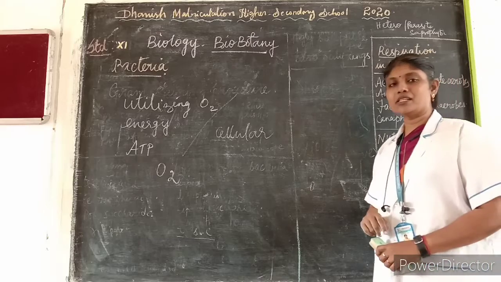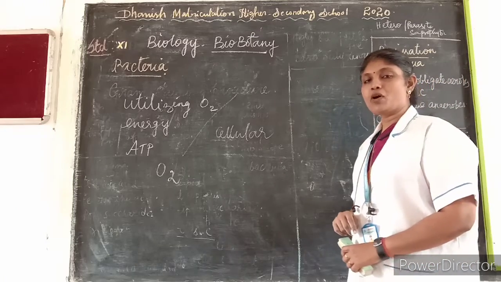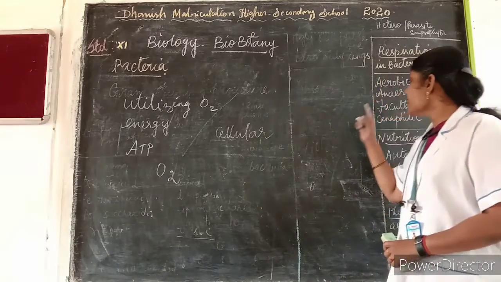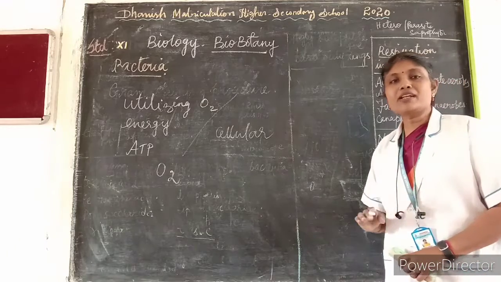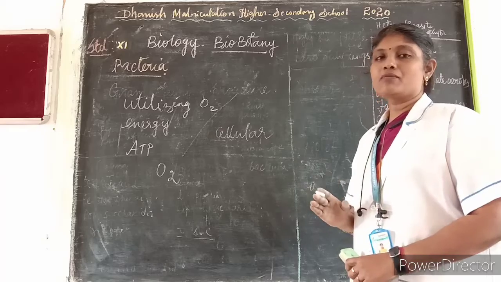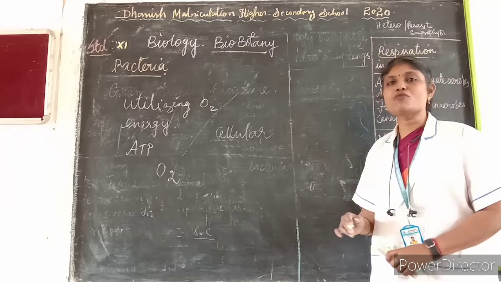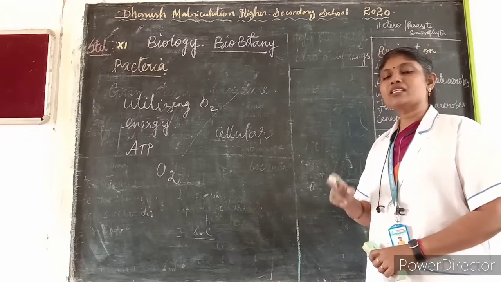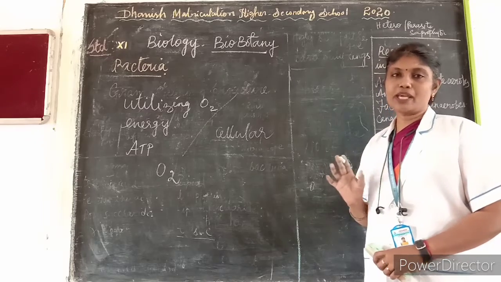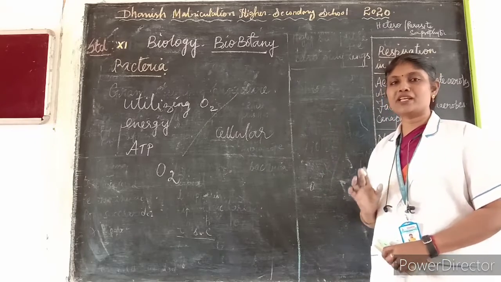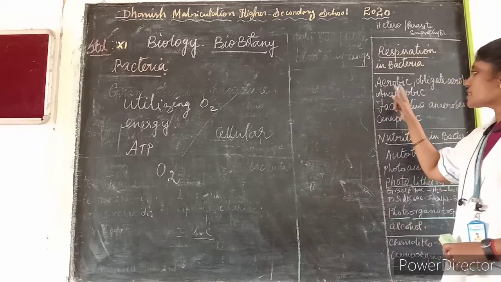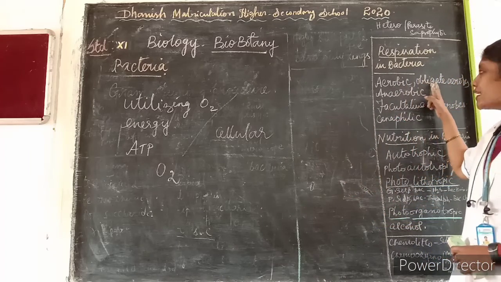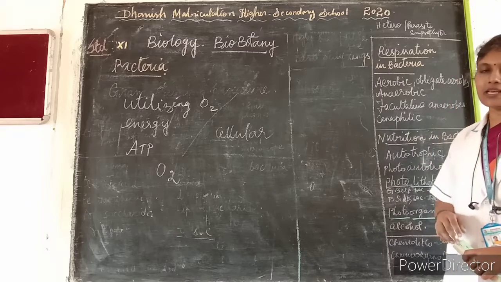Under aerobic bacteria, we have another type called obligate aerobic bacteria. They definitely cannot live when there is no supply of oxygen. They are strictly aerobic bacteria. They need the presence of oxygen for living. So that is about aerobic and obligate aerobic bacteria.